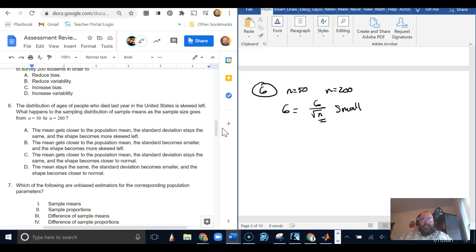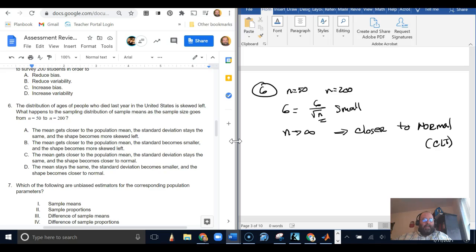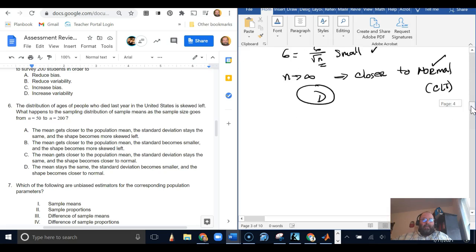And we would expect, as n is getting larger, to be moving closer to normal because of CLT, the central limit theorem. So the mean is always unbiased, so the mean is going to stay the same, the standard deviation becomes smaller, and the shape becomes closer to normal by the central limit theorem. D is the answer we're looking for there.